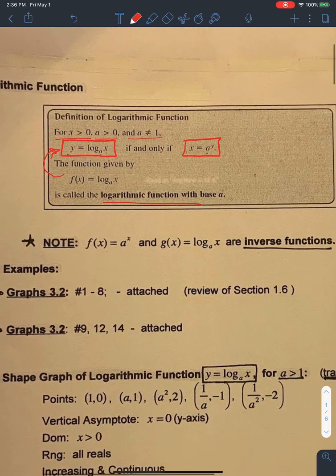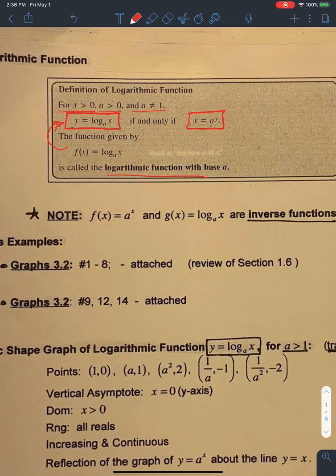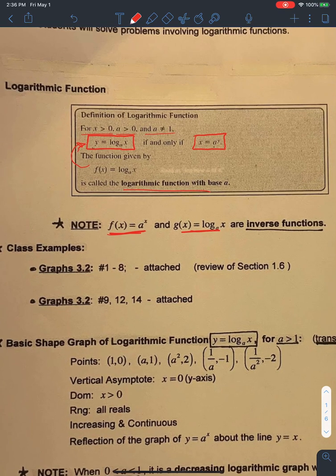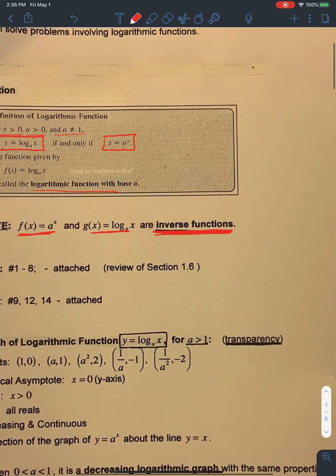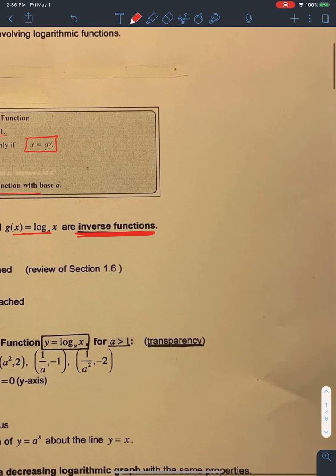Now, those two equations that I have in boxes in red, I want you to note that those two equations are inverses of each other. Another way that I have of remembering those two equations, I'm going to write out to the side here.